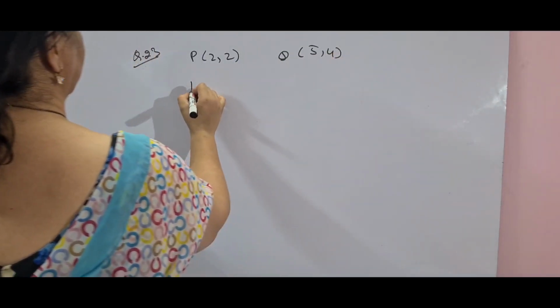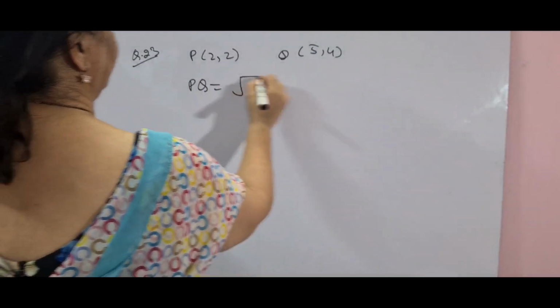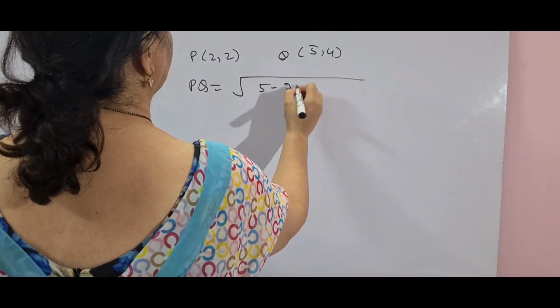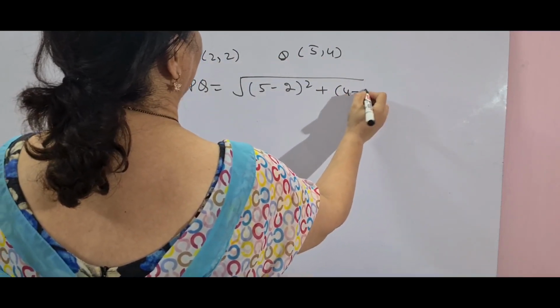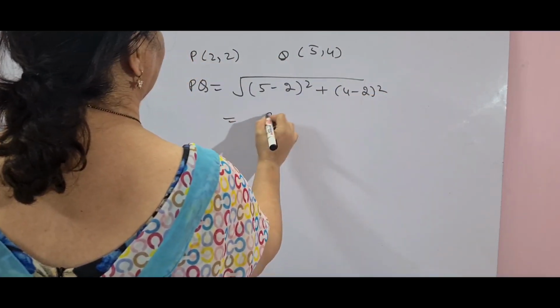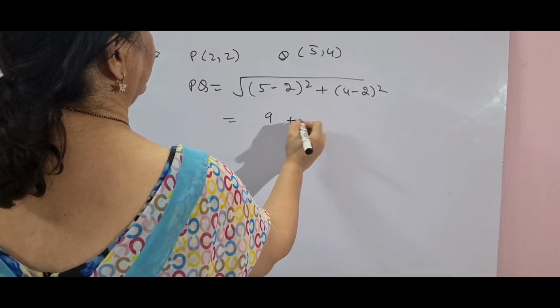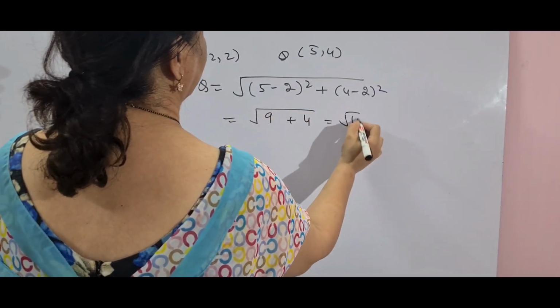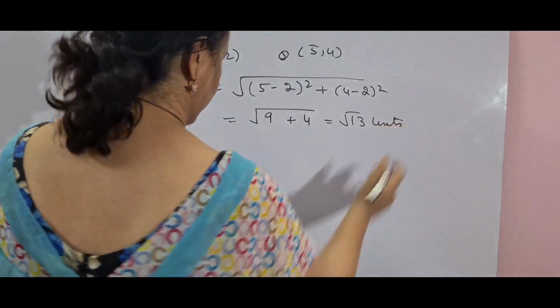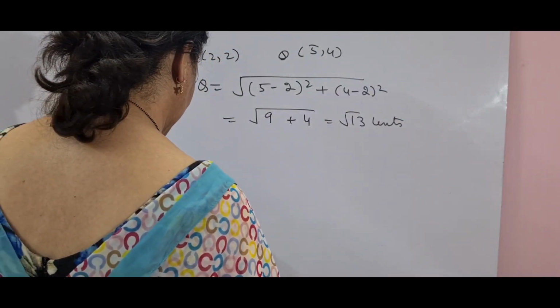So see, PQ will be equal to 5 minus 2 whole square, x2 minus x1, plus 4 minus 2 whole square. This will be 9, 3 square is 9, 2 square is 4. So you have got root 13 units. Now root 13 is very simple.